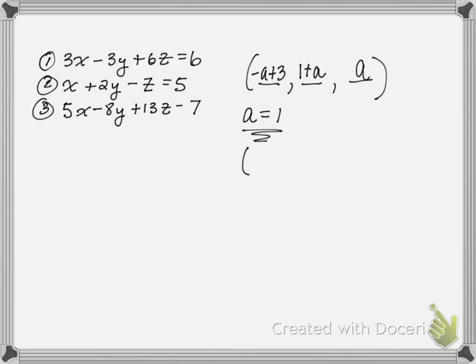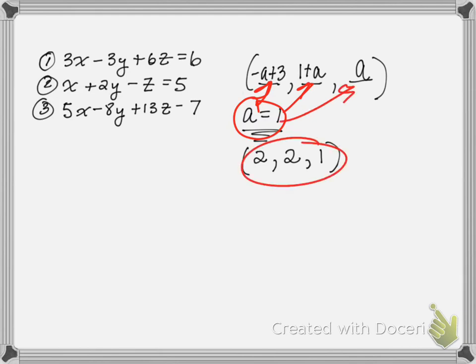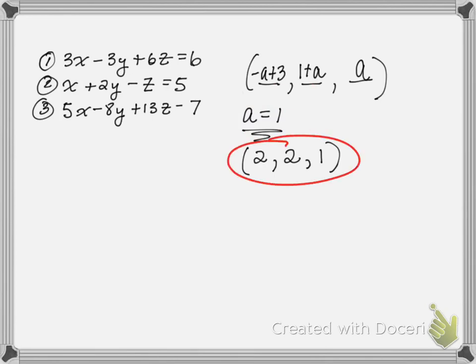I would get negative 1 plus 3 is 2, 1 plus 1 is 2, and 1. So that was just taking this a and putting it there, and there, and there, and then I get these 3 coordinates. These three coordinates, 2, 2, 1, will satisfy any of these three equations.